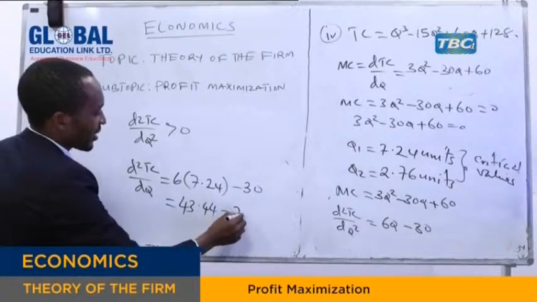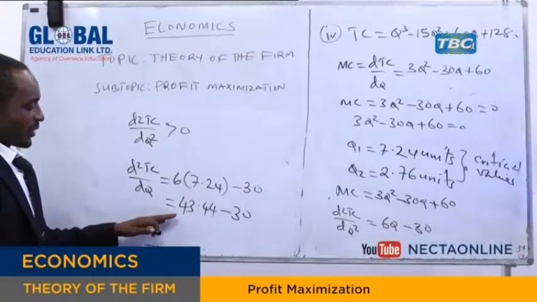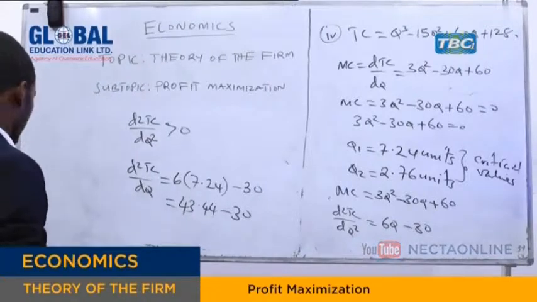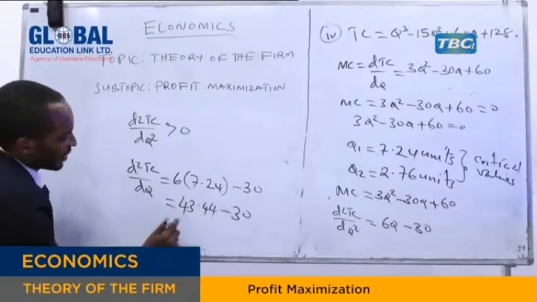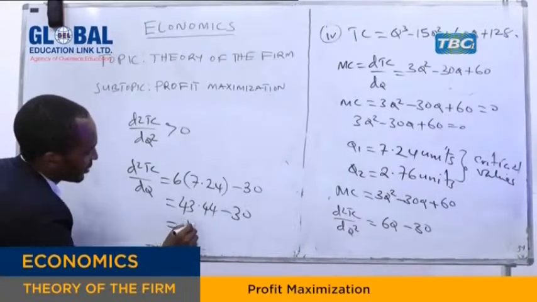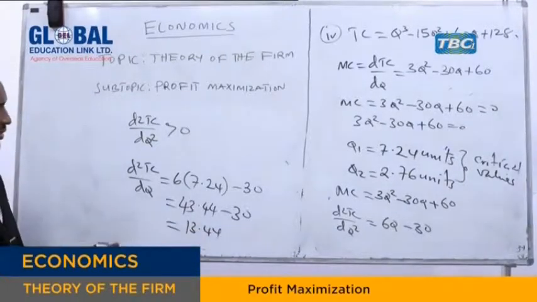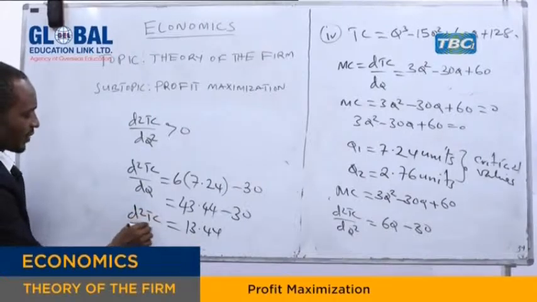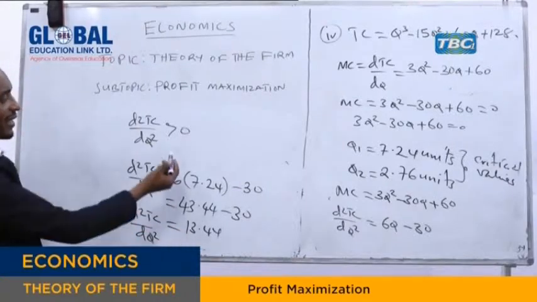So when you take 43 minus 30, here will be 13.44. So you can see the d square TC over dQ square is 13, which is greater than 0.